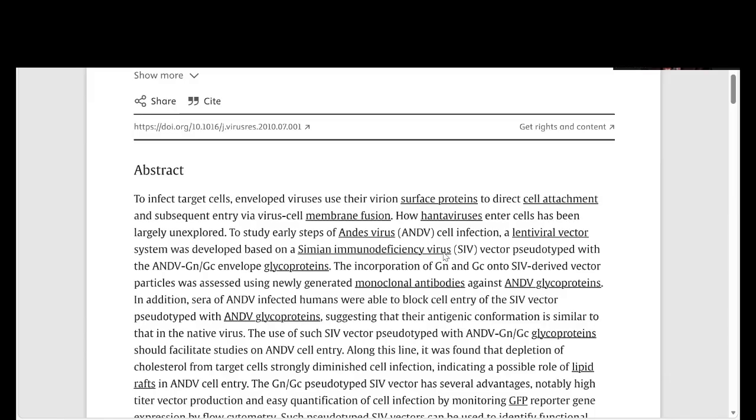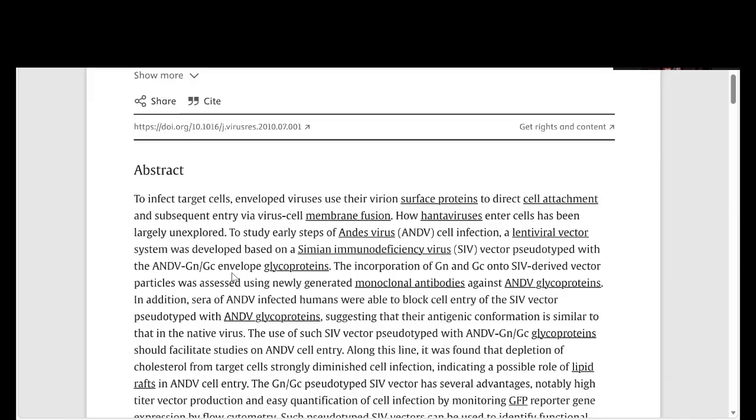All right. But you can see the dual purpose. So they have a pseudotype, SIV, which is the primate version of HIV. That vector pseudotype is modified in a way where it's not going to spread, and they can do laboratory experiments. But by knowing that it can be done, you could easily in the laboratory create a non-pseudotyped SIV with the GN/GC envelope.